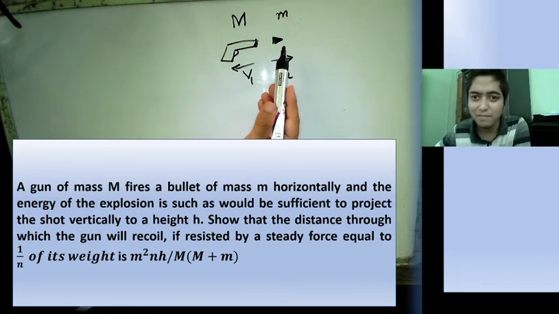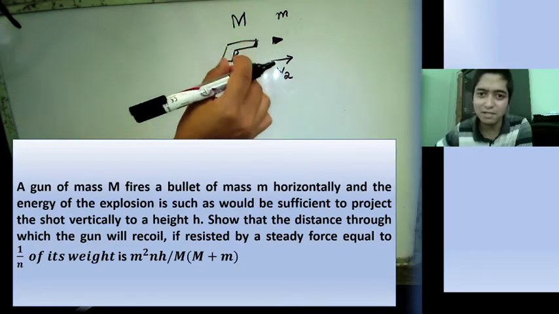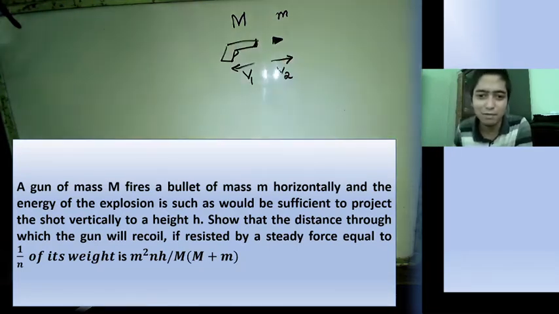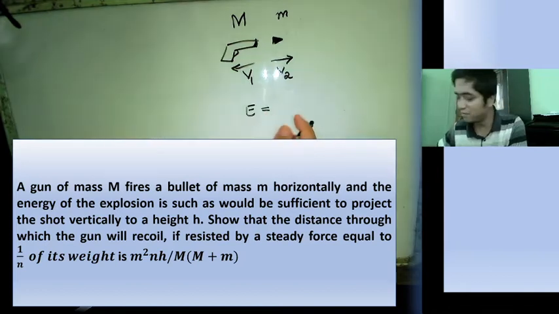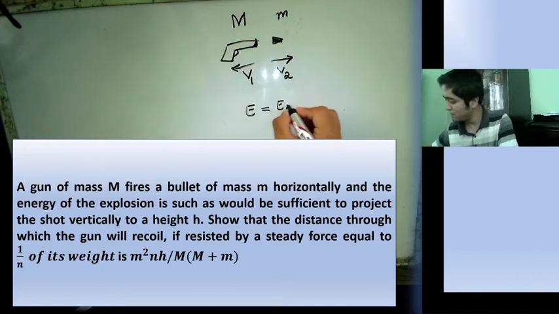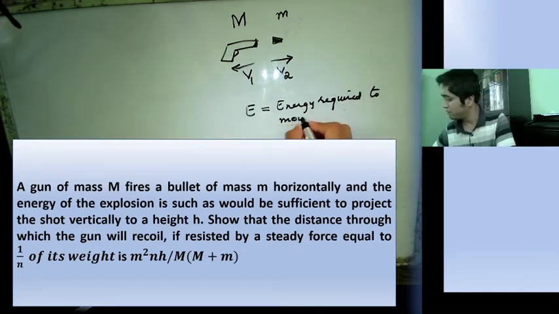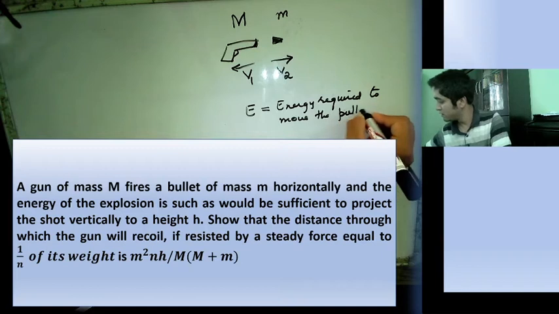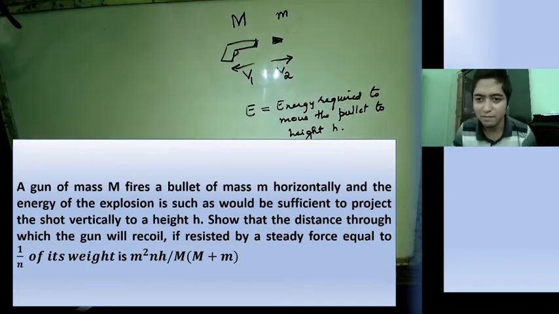First of all, the energy required to shoot this bullet, which is the energy of the explosion, is equal to the energy required to move this bullet to a height h. This is what is really happening.